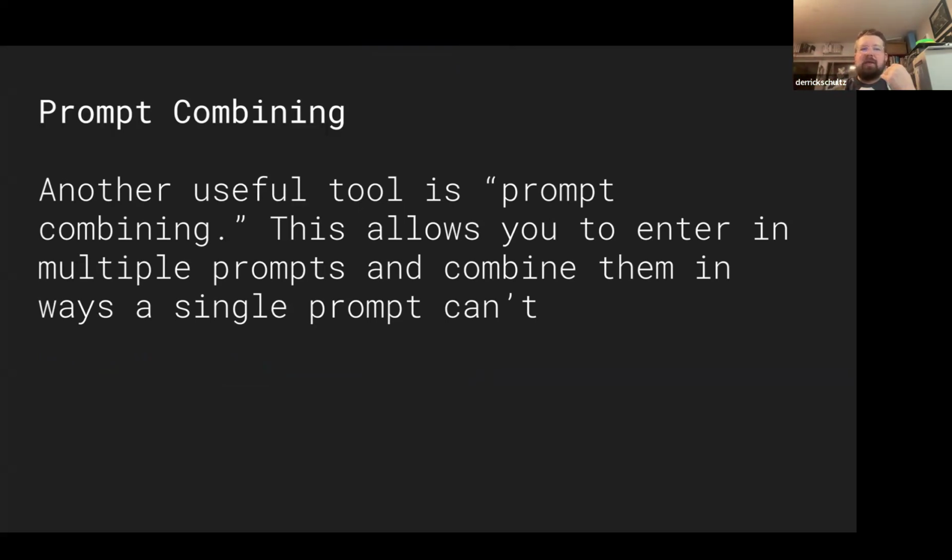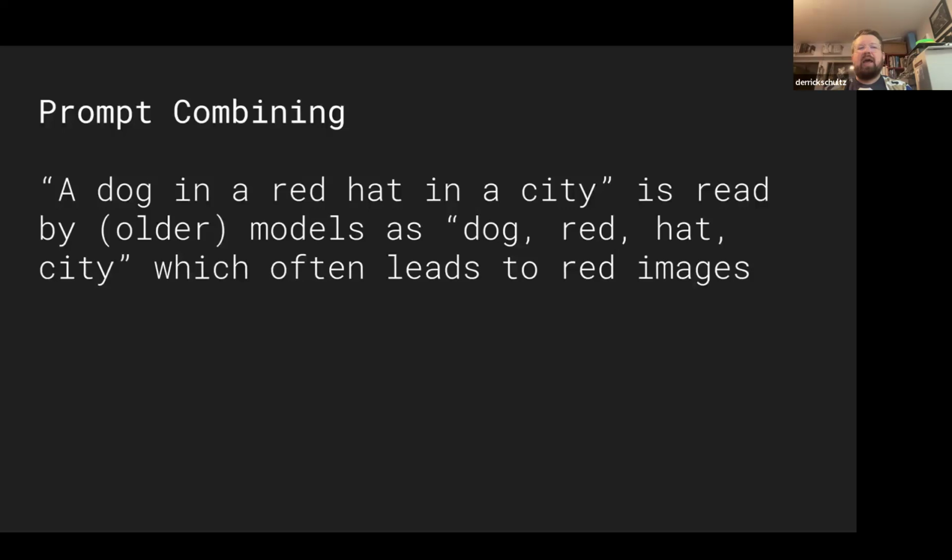The classic use case for this, and again, this is probably more of an artifact of older models and happens less in new models, is let's say I have a prompt that says a dog in a red hat in a city. The way especially older models tended to work with language is they don't necessarily see this as red hat. They see it as dog, red, hat, city. And they try to generate that image.